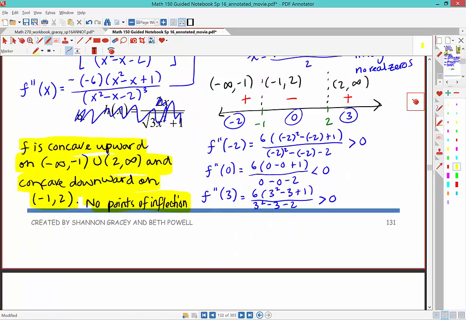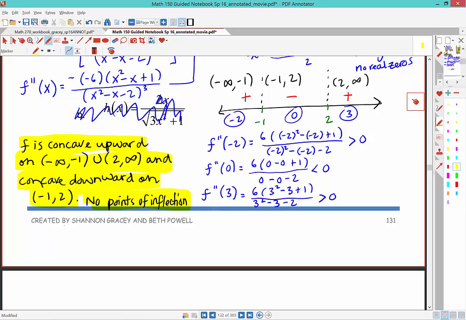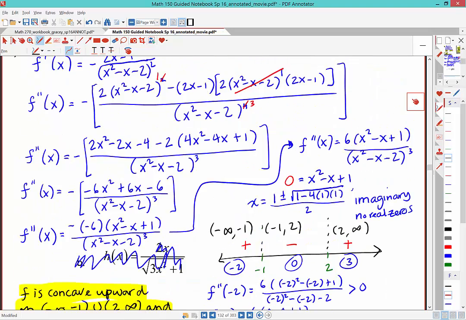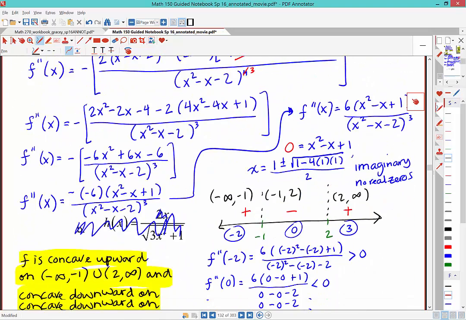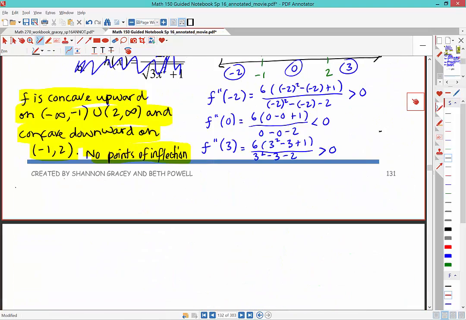Okay, and then let's see, it's always good to, what was this, number 4, 5? Let's go ahead and find any intercepts. And so x-intercept, there's none, right?